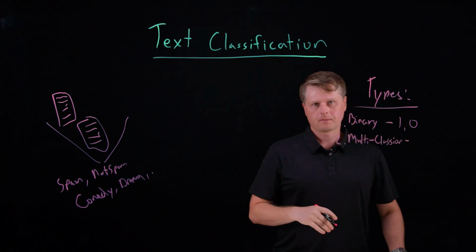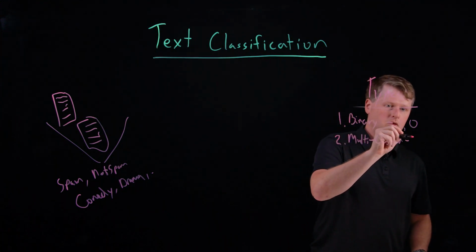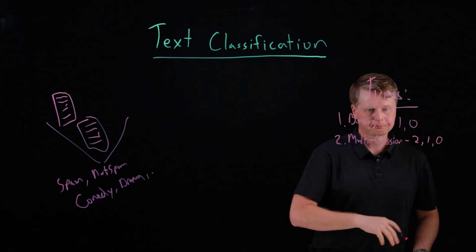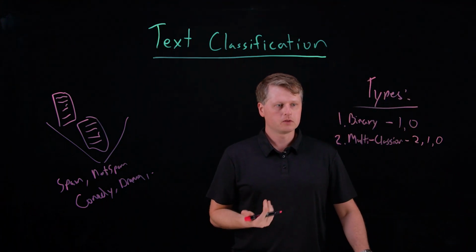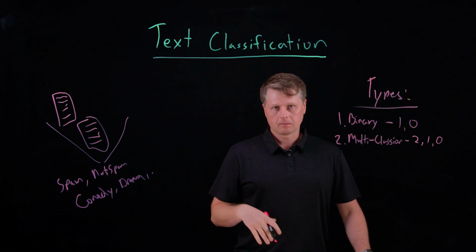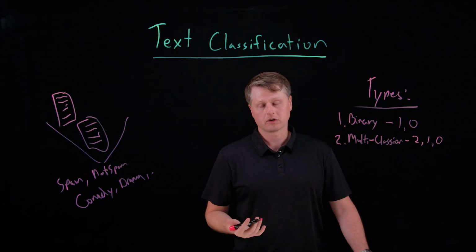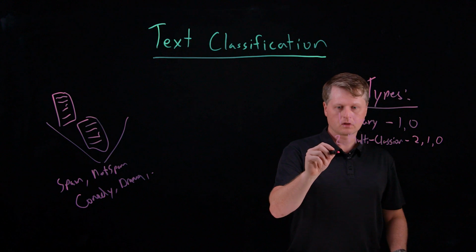And that's either a 2, 1, 0, or, using the email example, a business-related email, a customer-related email, or an order email.